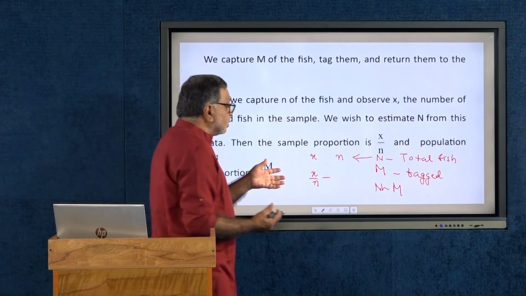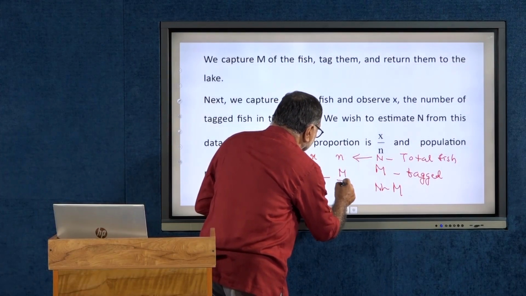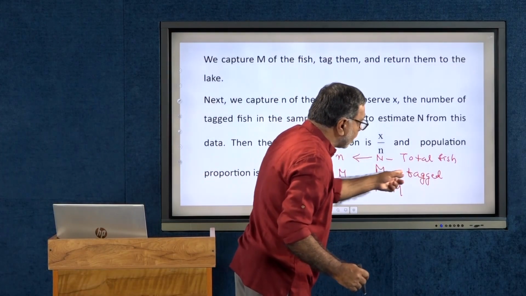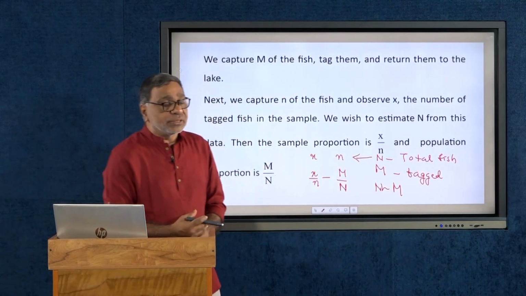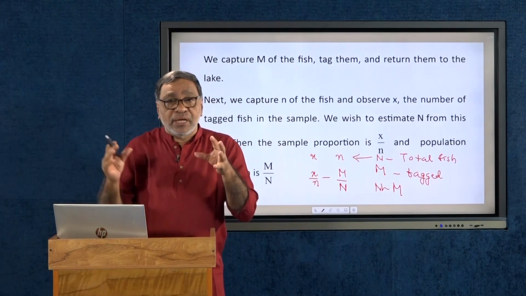And what is the population proportion of tagged fish? M divided by N, because we have a total of M tagged fish and N fish in the lake.